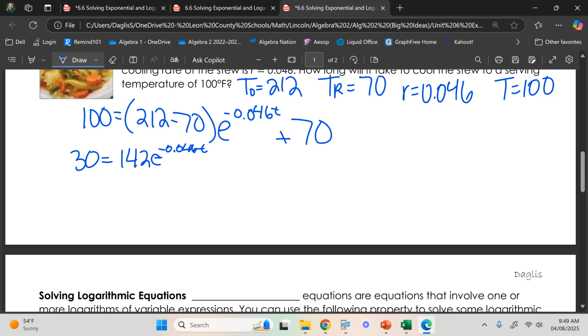My e is still not by itself, it's still attached to the 142, so how are we going to get rid of it? Divide. So 30 divided by 142 is 0.211.